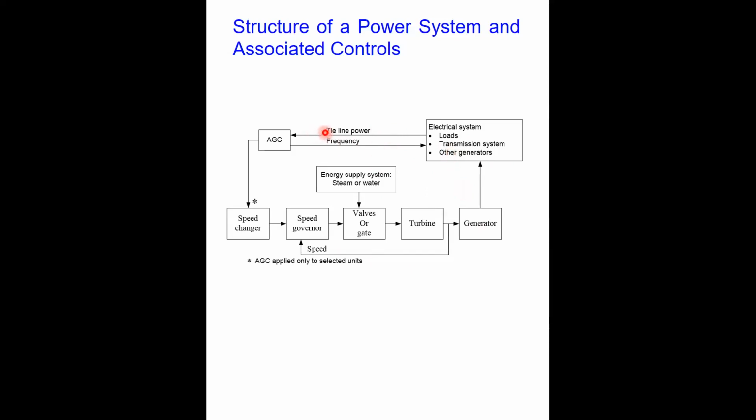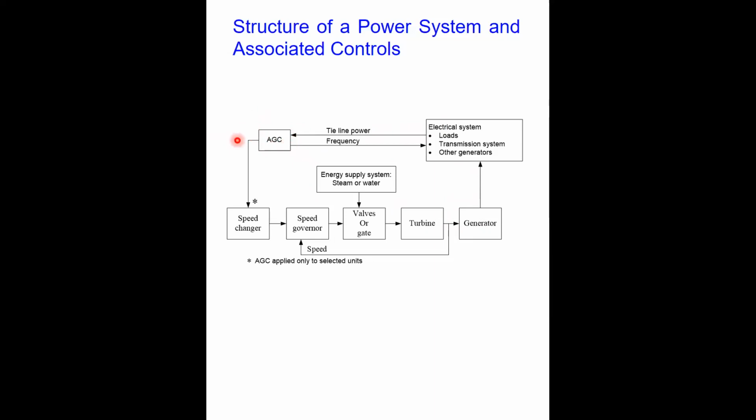And then this information, frequency and the tie line power, could be applied to determine the amount of generation change to be applied on the generator, and thus the output power from the turbine. So thus you have an outer loop here, an outer loop for frequency control, with the main purpose of economic allocation of generation, and that is what we sometimes call load frequency control.